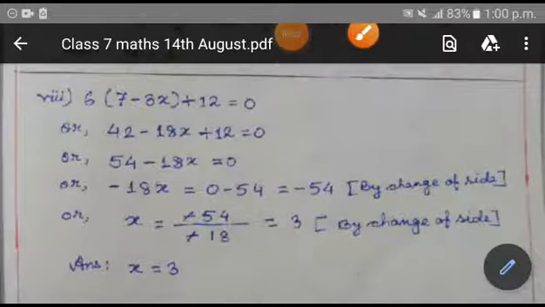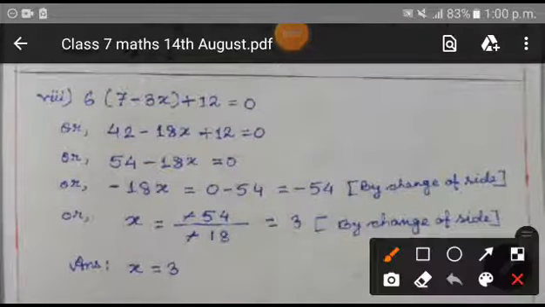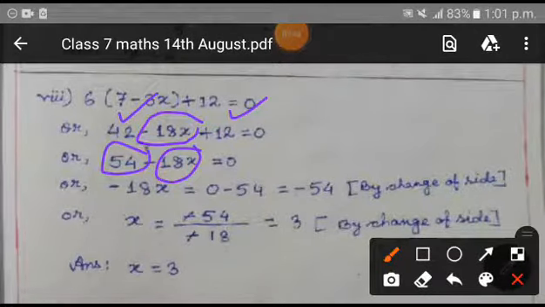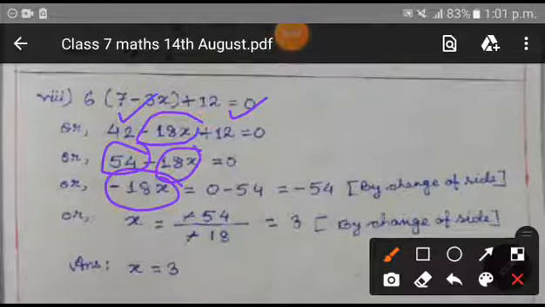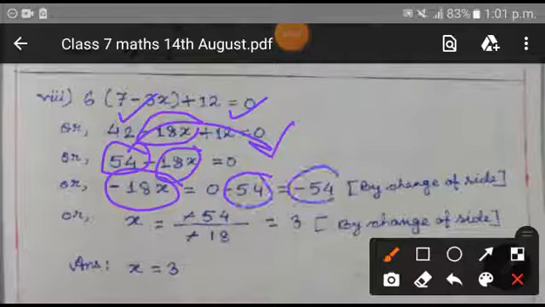Then in the next step you are going to separate the constants and the variables and write them separately. Like here you have -18x, written this -18x, and after that 42 + 12 you will get 54. Then -18x = 54 I am sending on the other side, +54 is becoming -54.